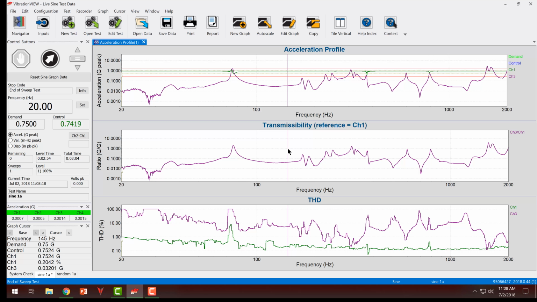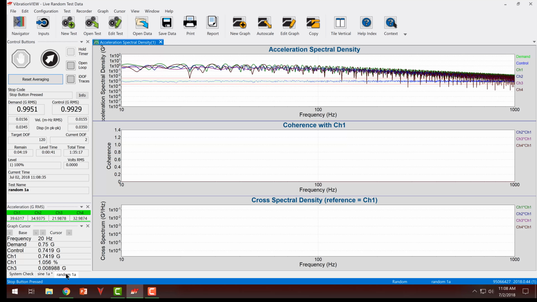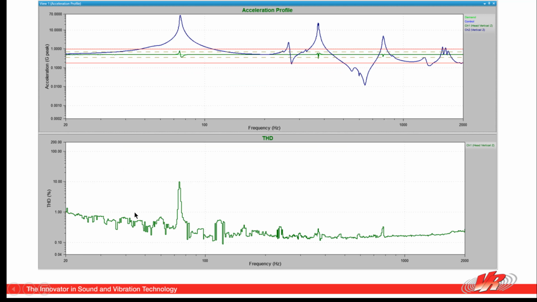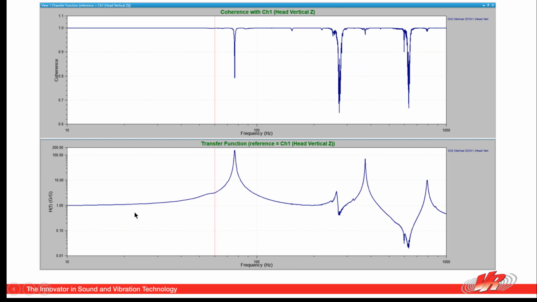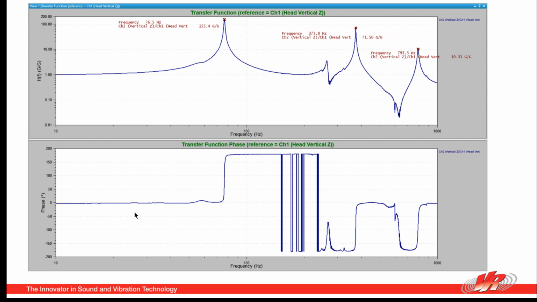Let's take a look at a random test. Flip back to our presentation a moment. In the random testing, we can look at the coherence plots, and we can look at the transfer functions and the phase.